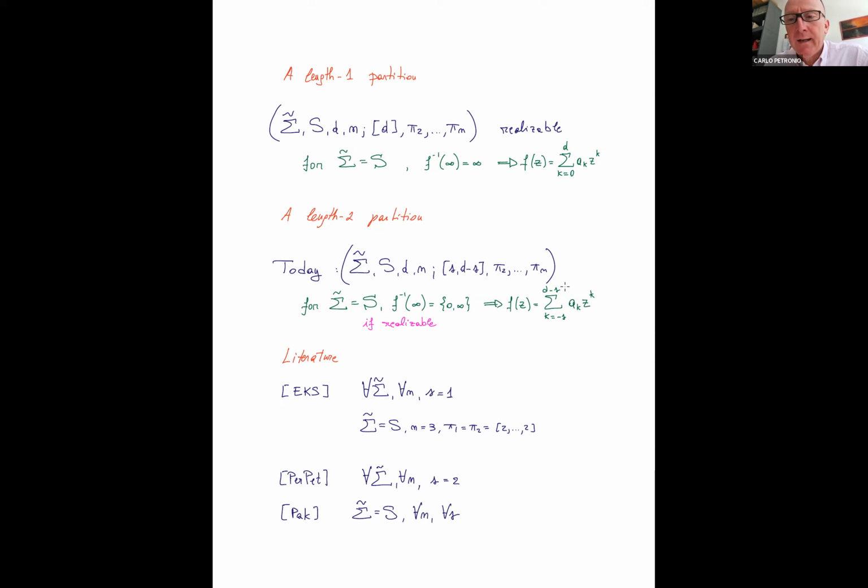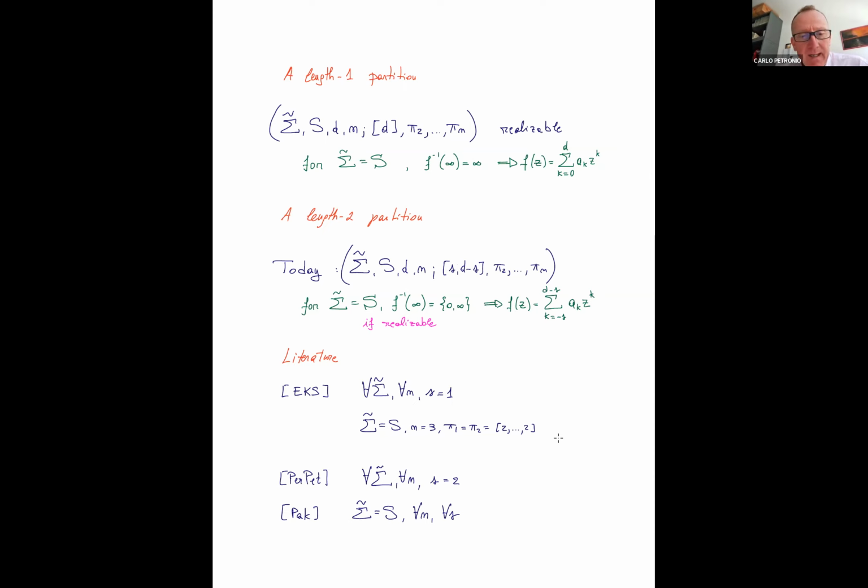It will be a Laurent polynomial, with powers of z ranging from minus s. So you have preimage of 0, 0 goes to infinity giving a length s cycle, and infinity goes to infinity giving a d minus s cycle. So for the case where everything is a sphere, it's a low-rank polynomial.